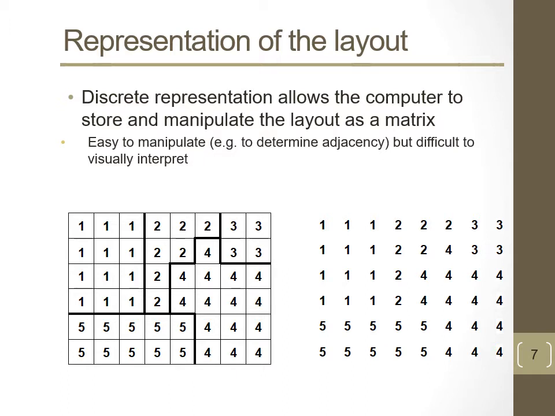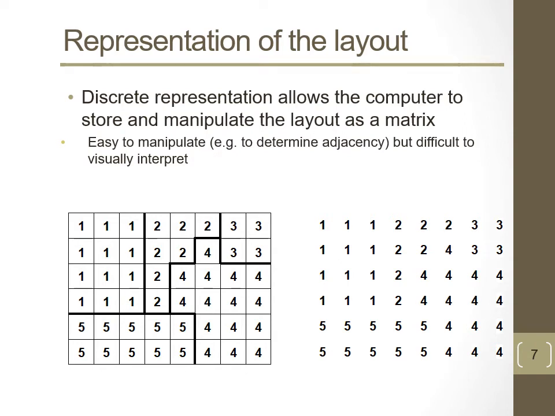Basically, we will give numbers to each unit area square. For example, 1, 1, 1. So this is a single department, and all the squares that represent this department are numbered with this same number. And for this second department, again, we give the same number to each unit area square that's inside this department.